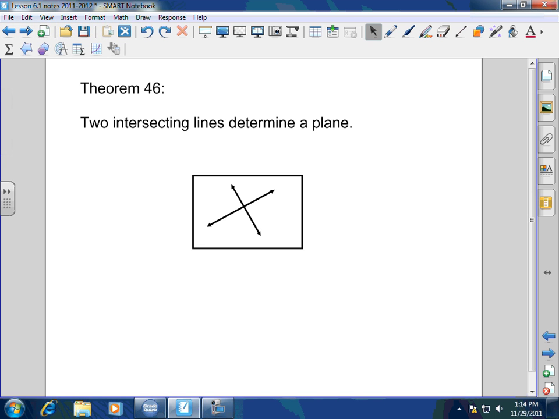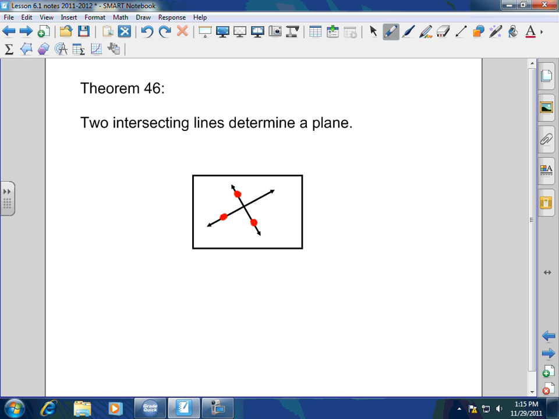Again, here you can get 3 random points that are non-collinear and prove it using the postulate that 3 non-collinear points determine a plane.